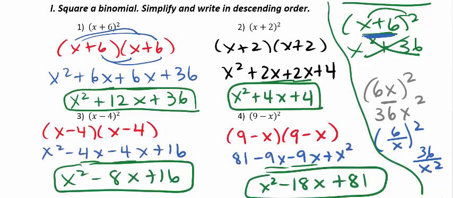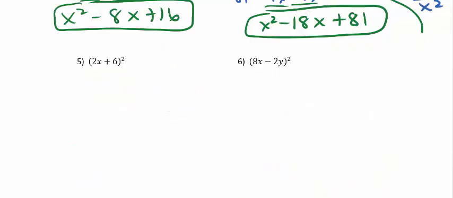Now check your answers for numbers 2, 3, and 4. Now we'll do numbers 5 and 6 together. We're going to take 2x plus 6 and write it out twice.